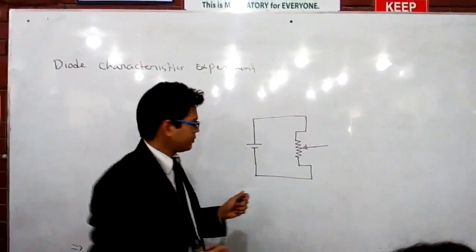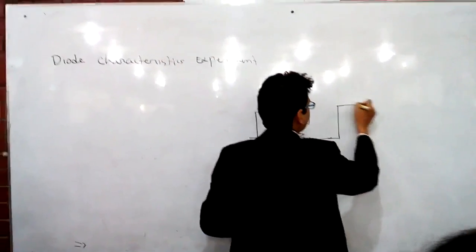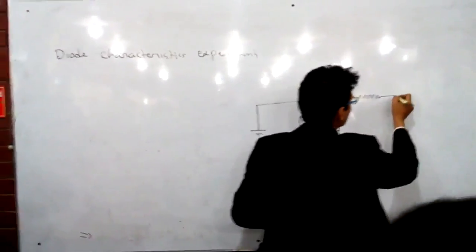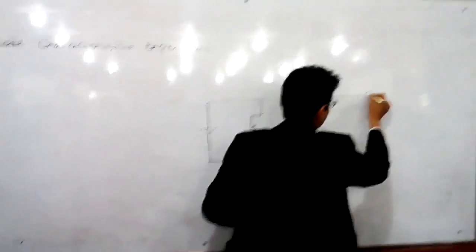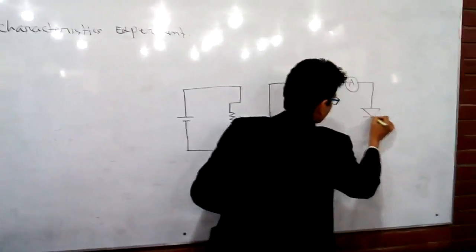Can you see that? Is that okay? There will be a resistor, and it will be connected in series with the diode.